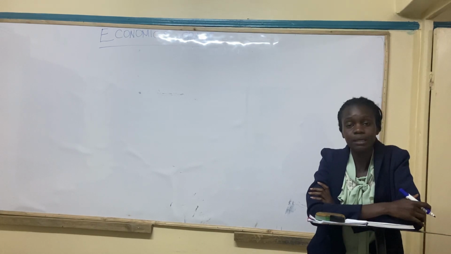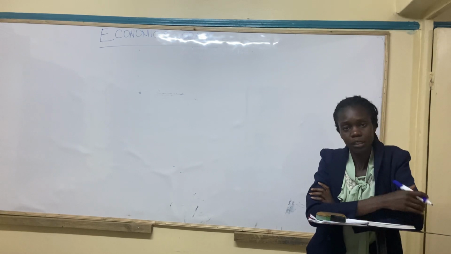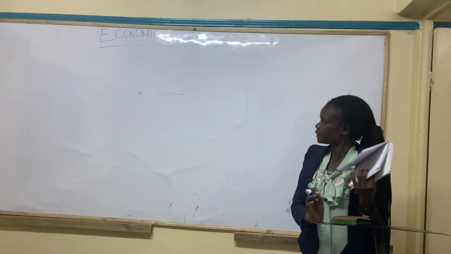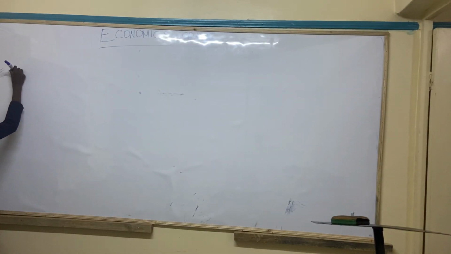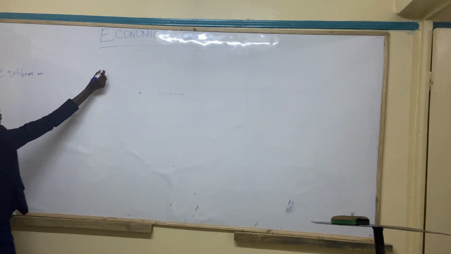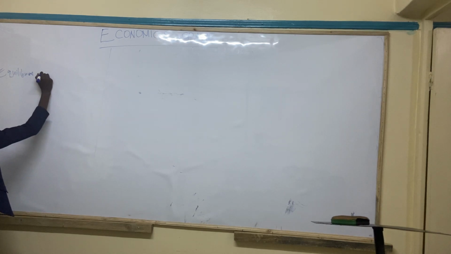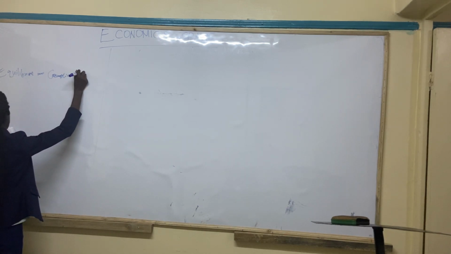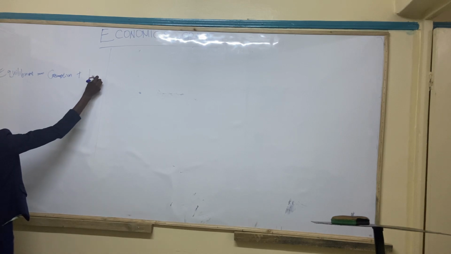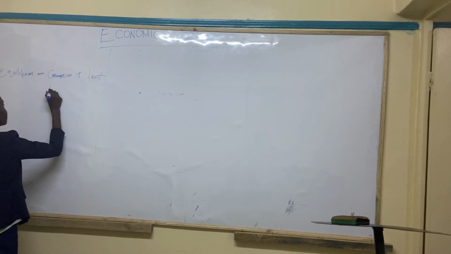There is an equilibrium income. So equilibrium income is calculated as equilibrium income is equal to consumption, you sum consumption and investment plus expenditure.